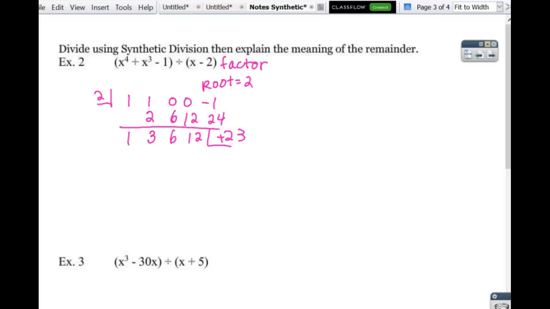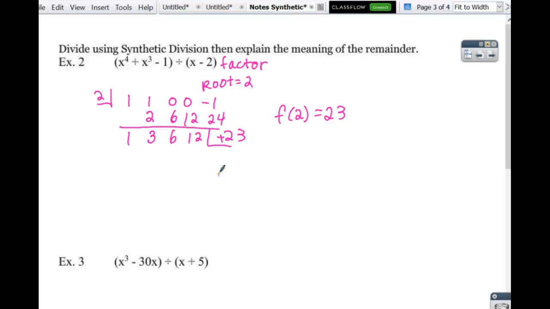So this is the suppressed equation. First of all, is that a factor? Yes or no? No. It's not a factor because of 23. But what that tells me is f of 2 equals 23. So that point is on the polynomial. And this is how I'm going to write the answer.